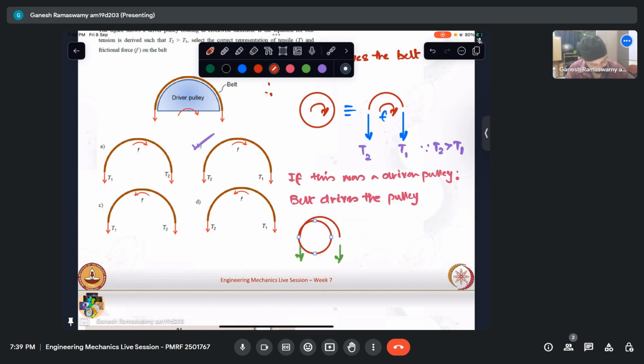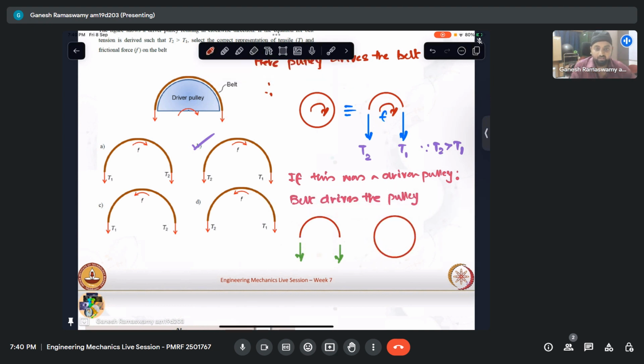So this will be my pulley. And let us say that this is rotating like that, which implies that the belt must have applied a force like that, which is why it is rotating. In such a case, my frictional force will get opposed. So this will be T2 and this will be T1. This is applied.